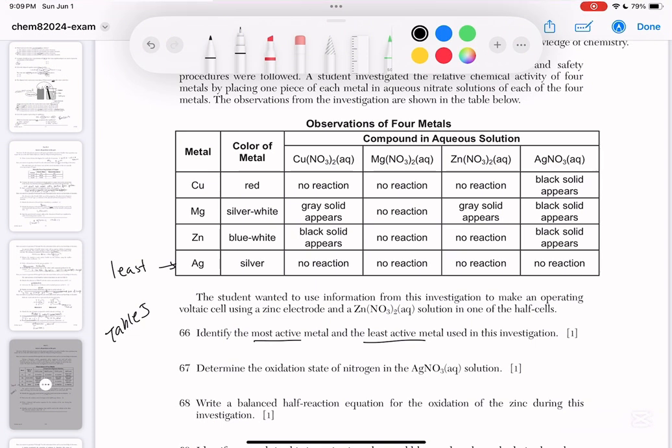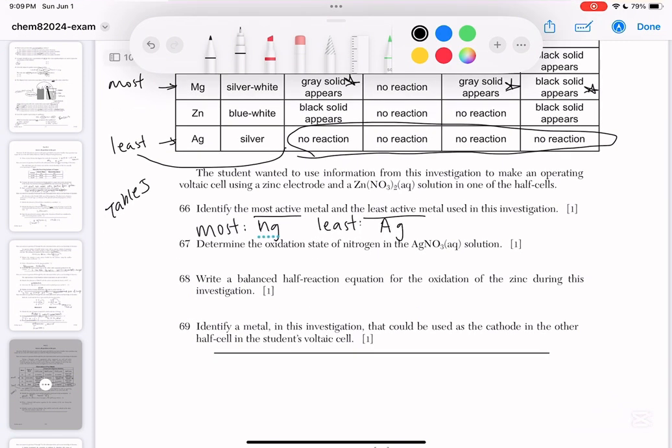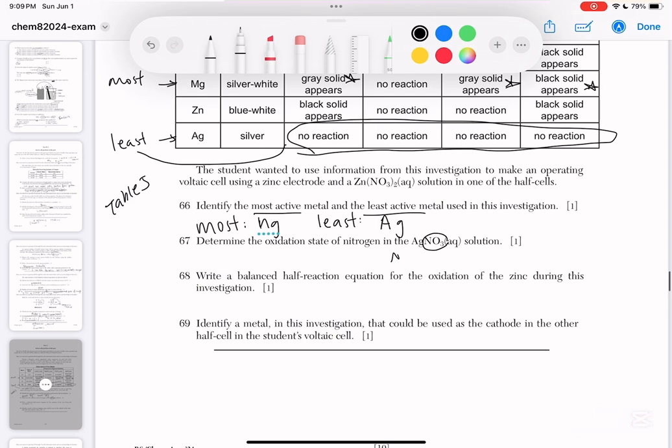And then as for the most active metal, that would be magnesium. It's the highest on table J out of all these, and it also reacted 3 times. So that shows that it is higher on the activity series, because reactions only occur when the metal being replaced is higher on the activity series than the metal that's already there. So the most active is Mg, and the least active is silver.